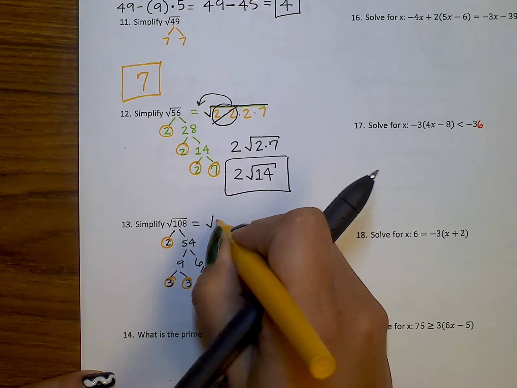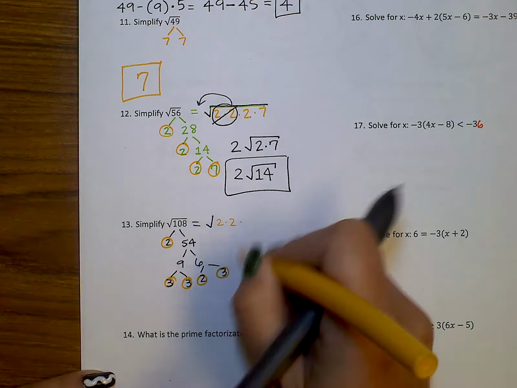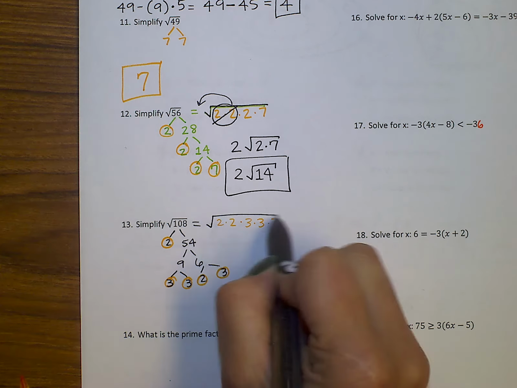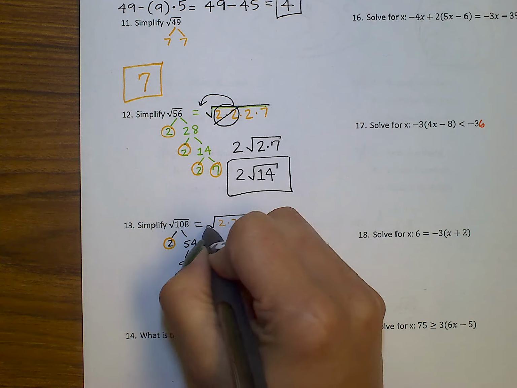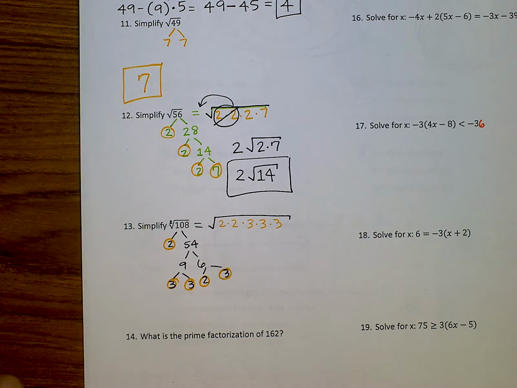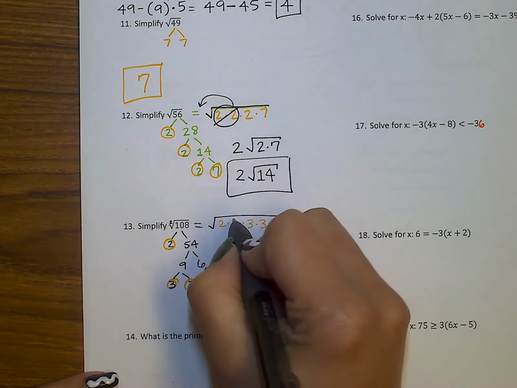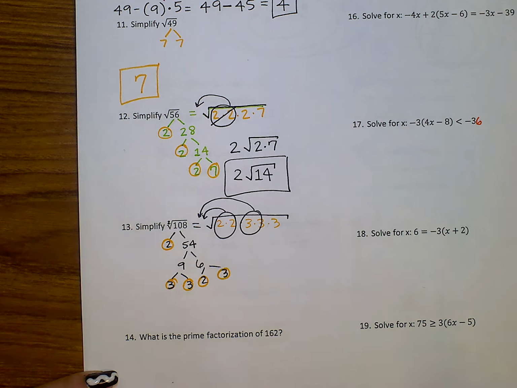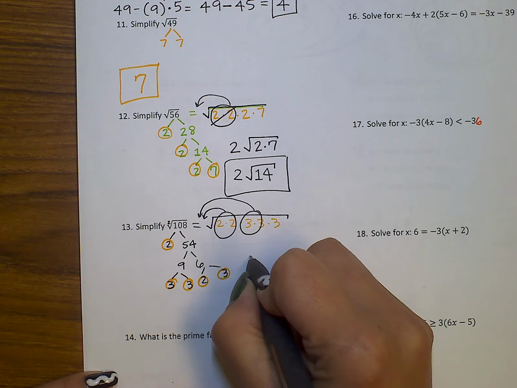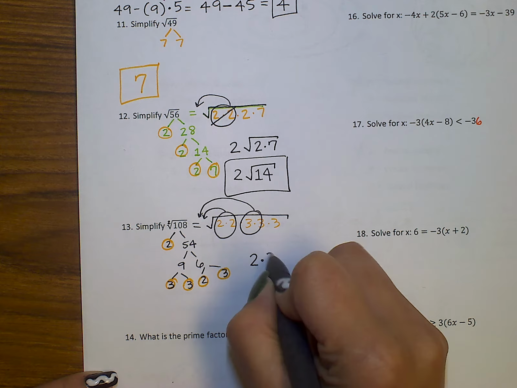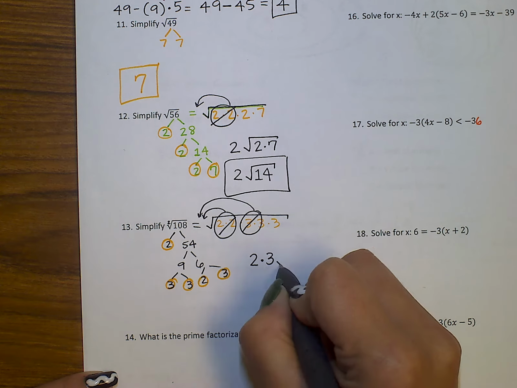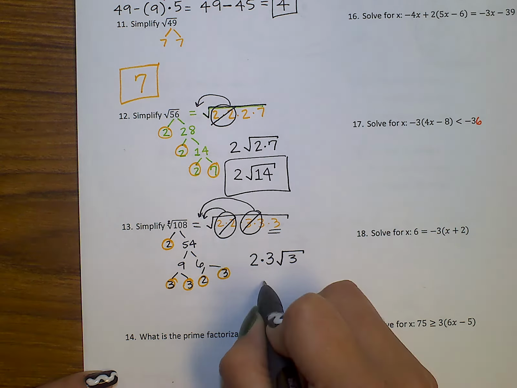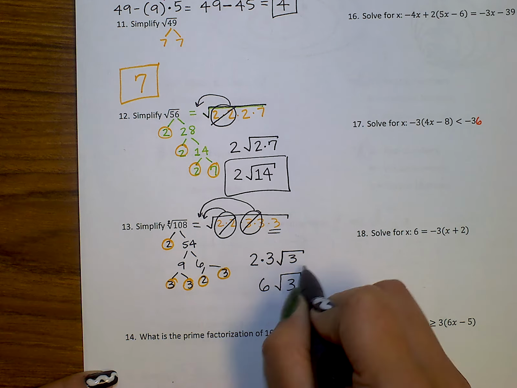I have 2 of those 2's, and I have 3 of those 3's. So I'm looking again, because this is a square root, that means my index is a 2. I'm looking for pairs. I have 2 pairs. So both go in the front. That would be 2 times 3. Then my square root symbol. All I have left is my 3. So that would give me 6 square root 3.